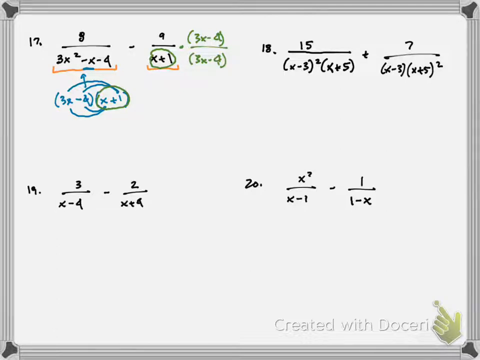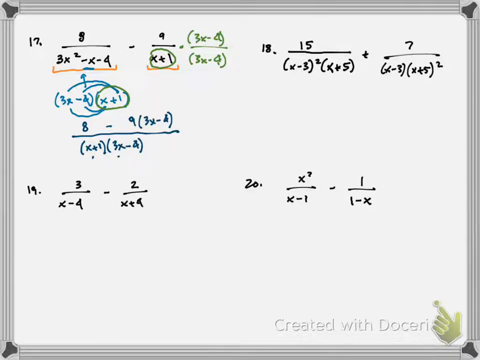So, I've got 8, take away 20, take away, I should say 9, I was skipping a step there. Take away 9 times the quantity 3x minus 4, all divided by now a common denominator of, I'm just going to write it in its factored form, so x plus 1 times 3x minus 4. So again, think about it. Here's my common denominator.